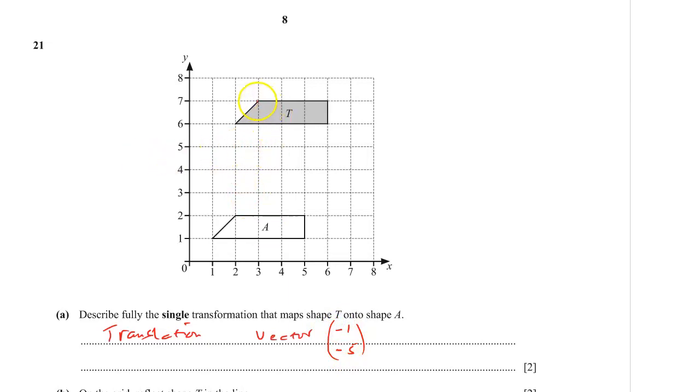Going backwards, you consider this point and this point, it has moved 1 to the left, that is -1. Considering the same point and this point here, it has moved 1, 2, 3, 4, 5, -5. So translation vector, let me write this clearly.